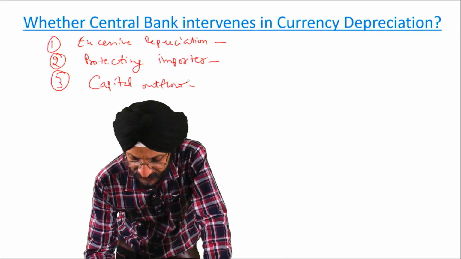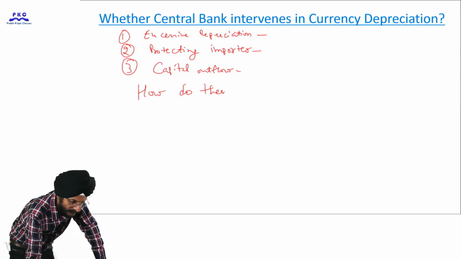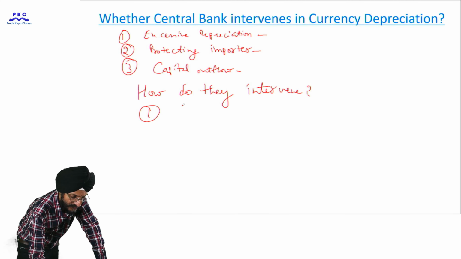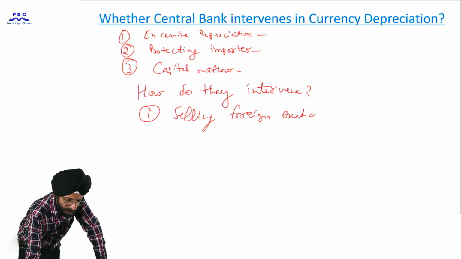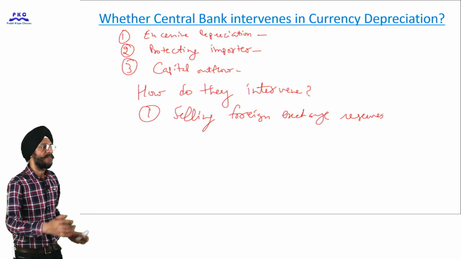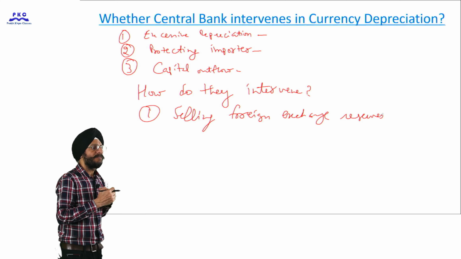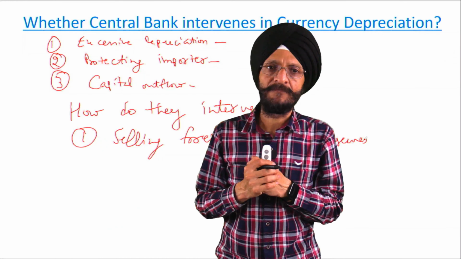Now the question arises, how does the central bank intervene? First is selling foreign exchange reserves. The central bank may start selling foreign exchange in the market and purchasing its own domestic currency.